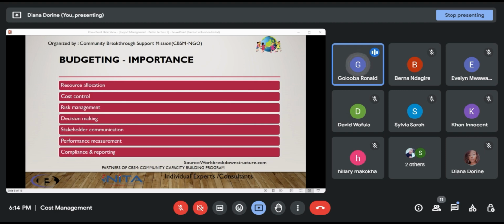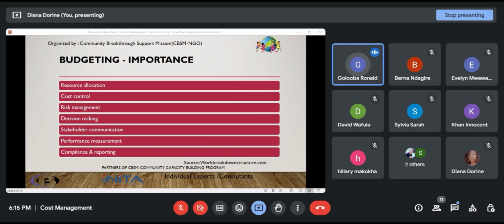Then the next importance is decision making, and budgets provide essential information for the decision making process throughout the project life cycle. Like I said, these decisions really impact the scope and timelines. Sometimes you may have to make changes to the scope of the project because of budget constraints, or at times you may have to make changes to the timelines of the project because of, say, funds unavailability, and you say let's forego this for now, and once we get the funds we can always undertake this.